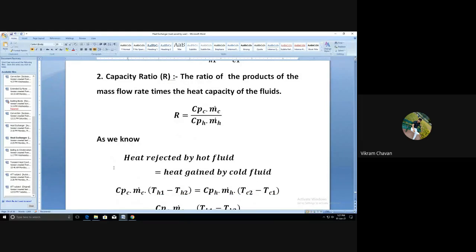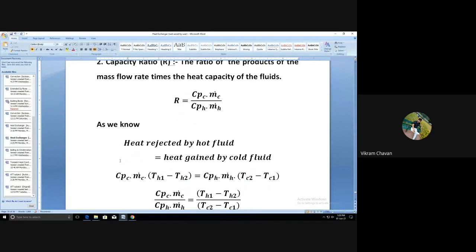That much amount of heat is rejected by the hot fluid, and that much will be gained by the cold fluid, by considering all the assumptions: that the heat exchanger is insulated, there are negligible kinetic and potential energy changes, and there is no heat leakage from the heat exchanger to the external surroundings. So the heat rejected by the hot fluid is equal to the heat gained by the cold fluid.